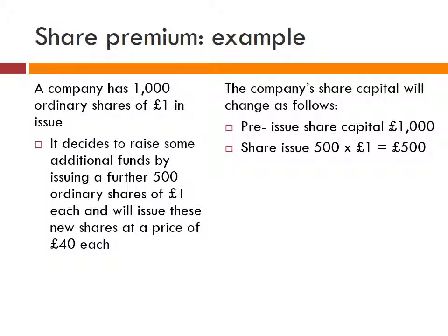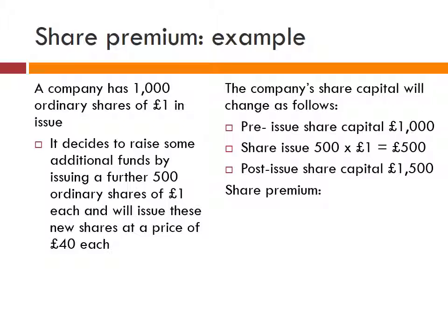Well, that is 500 shares multiplied by the nominal value of £1 each. So that works out at £500. So our new share capital after this share issue increases to £1,500.